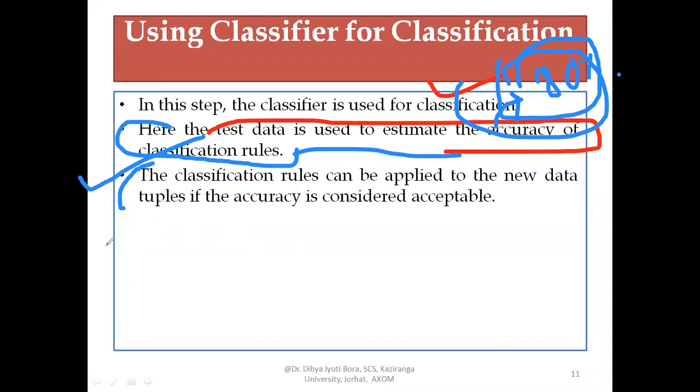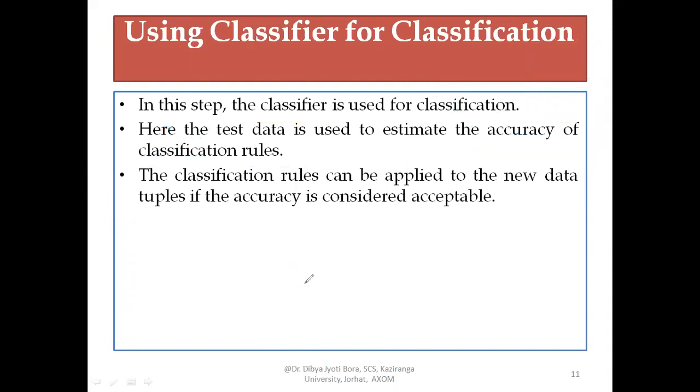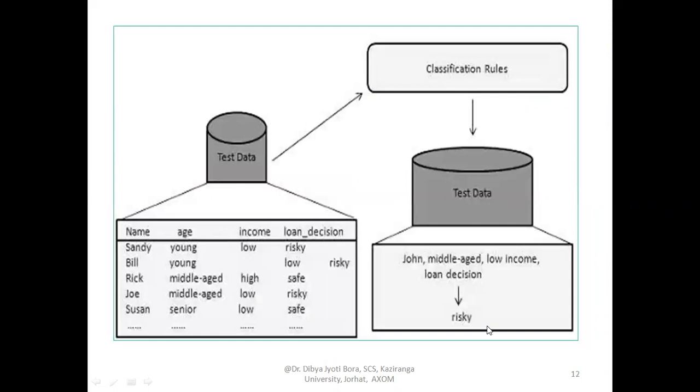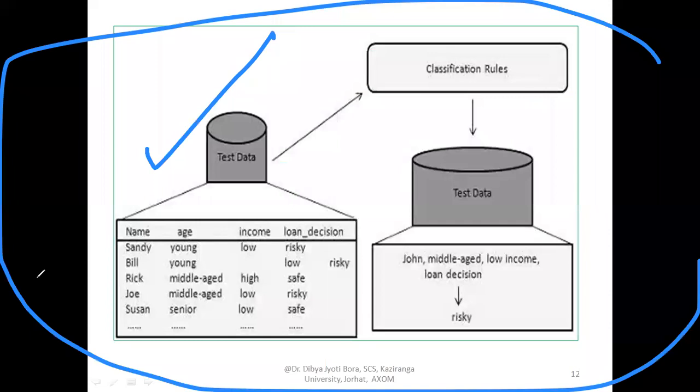Okay, so that's it, how we have classified the data, what are the steps involved in it. You can also see the diagrammatic view of this. Test data looks similar. Obviously, the same data set we have divided into two parts: training data and test data. We did not take any separate data with different attributes.